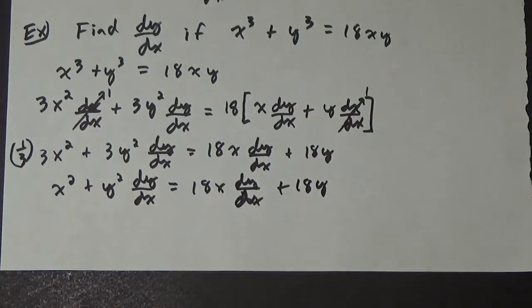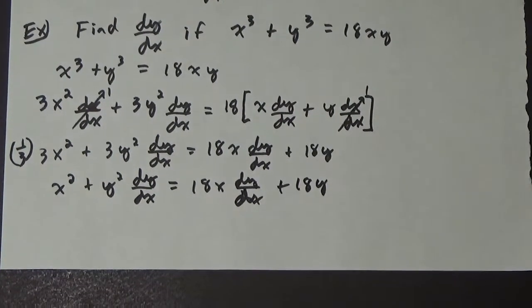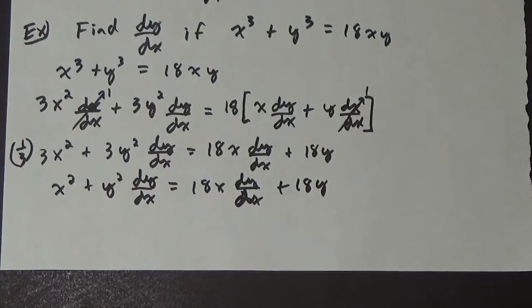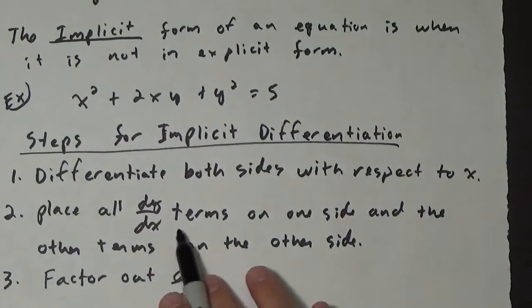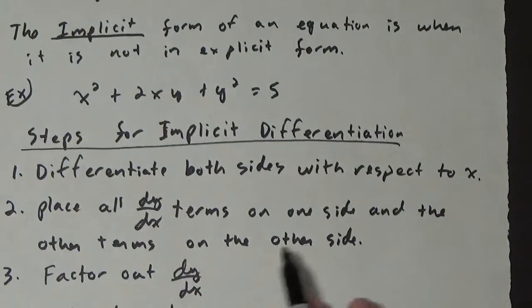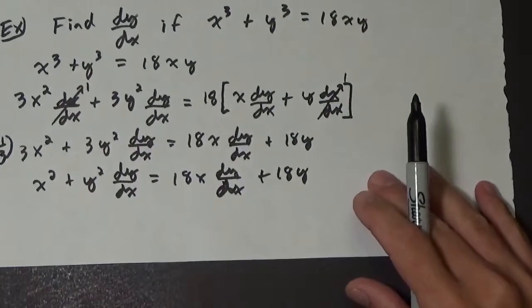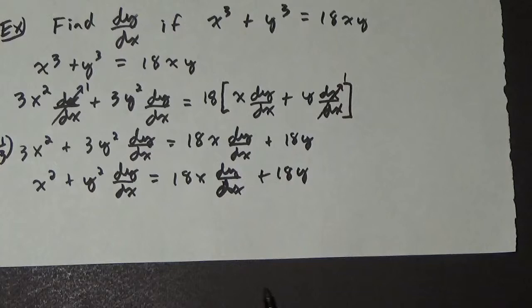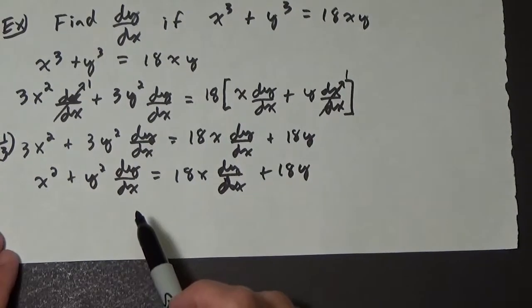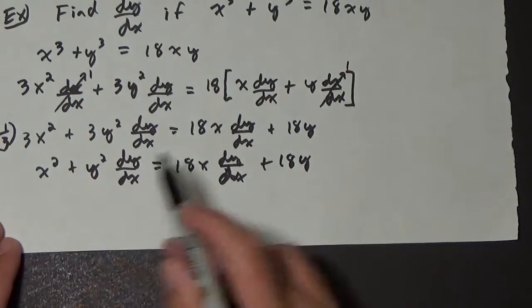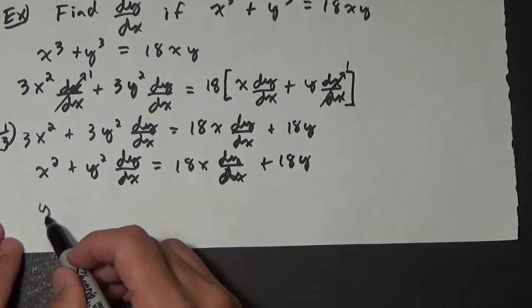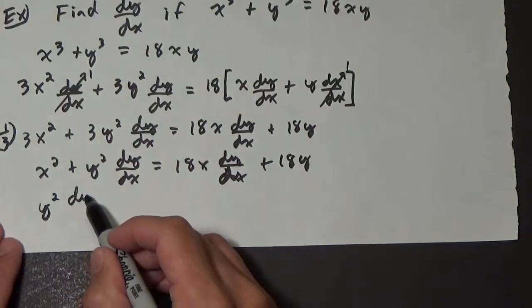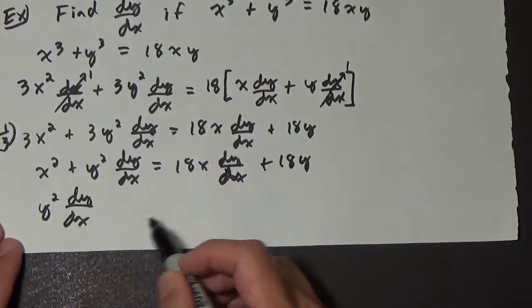Okay. Now the next thing we want to do, according to our rules, is we're going to place all the dy/dx terms on one side and the other terms on the other. So let's go ahead and do that. We end up having, let's see, here's a dy/dx term, so we're going to have y squared dy/dx.